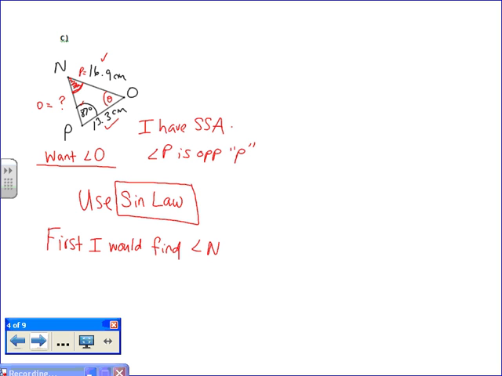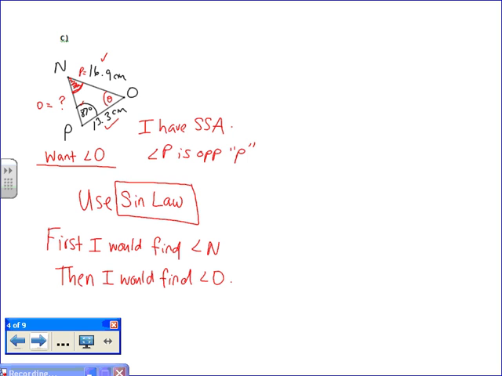So I would find my angle N, and then I would find angle O after that, because it would be 180 degrees subtract the other 2 angles in the triangle. But I could not use cosine law immediately for this question. So this one was a little bit more tricky, because the one I'm being asked for I can't directly find immediately.